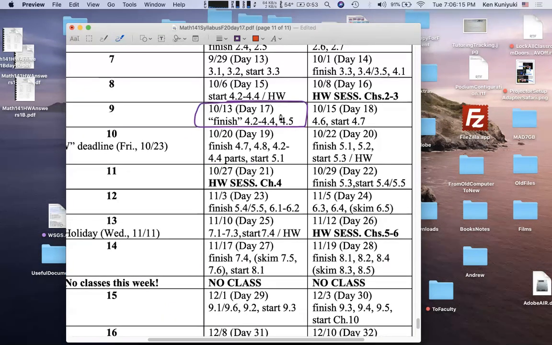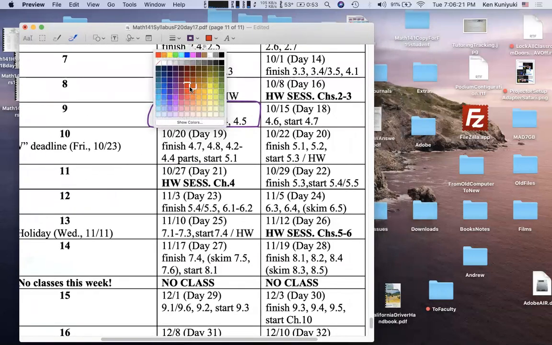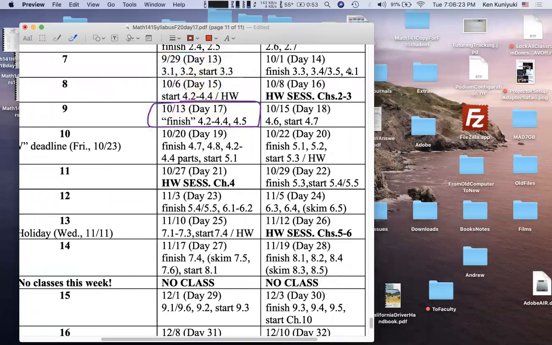Okay, so we're going to continue chapter 4 today. Now, the chapter 4 homework overall. It's a short homework assignment, so try to do very well on it. All right.